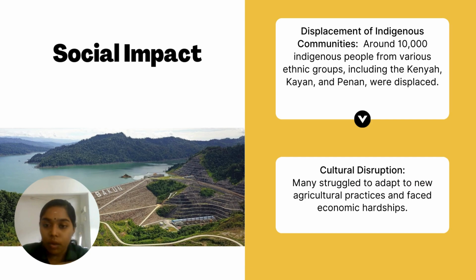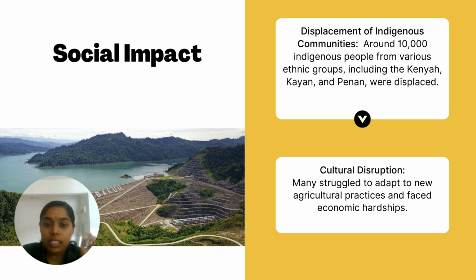The second impact of the dam is social impact. It has two different impacts. First of all is displacement of indigenous communities, because around 10,000 indigenous people from various ethnic groups, including Kenyah, Kayan and Penan, were displaced because of the dam, so they had to move to another place.